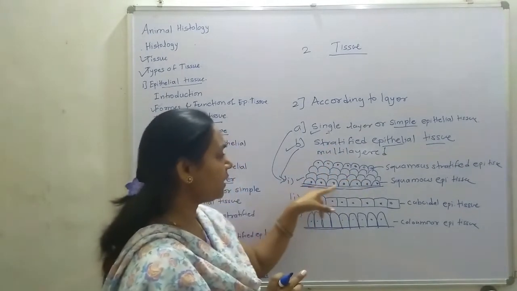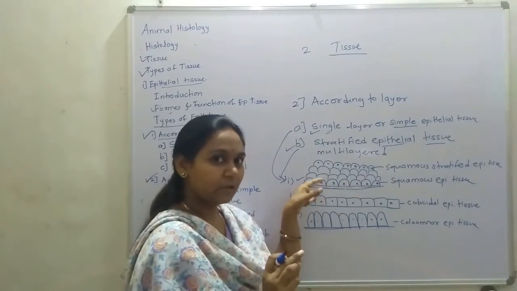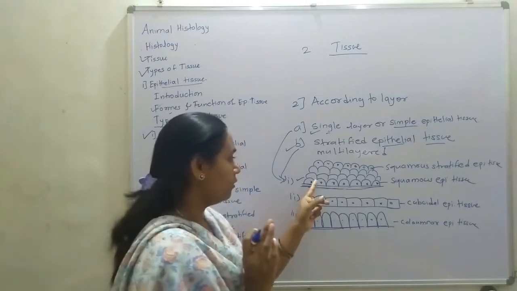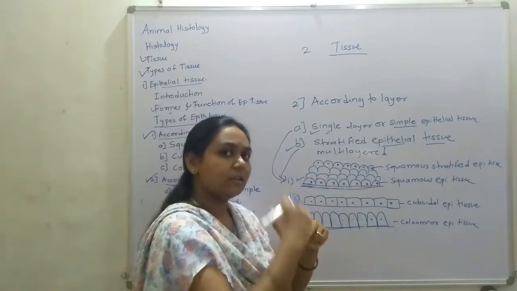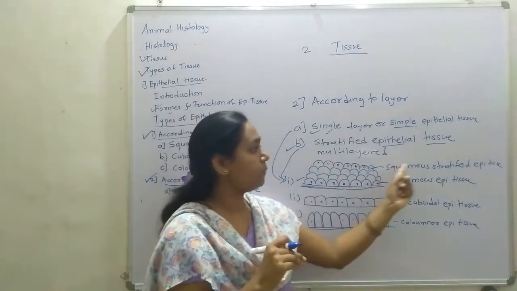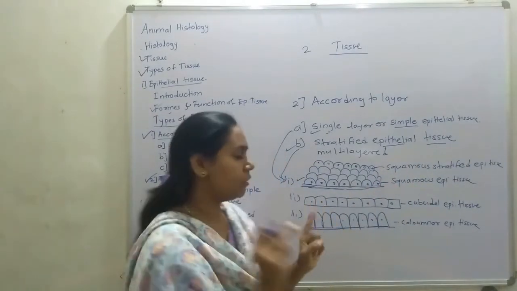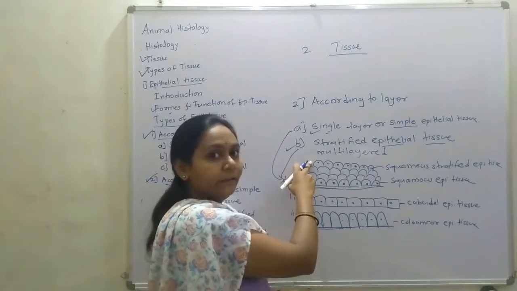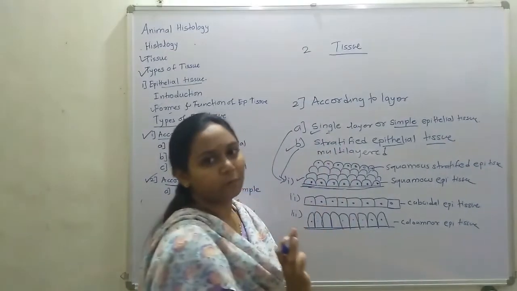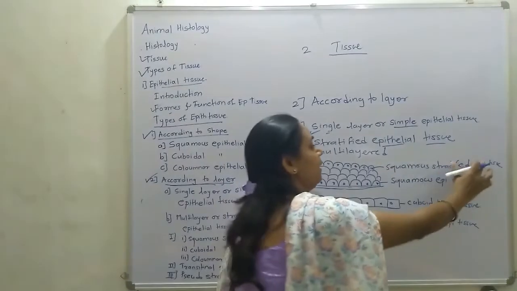The first layer is arranged on the basement membrane, but the second, third, fourth layers are not; they are arranged on the first layer. But how is it named squamous stratified epithelial tissue? Because at the last, upper layer, whichever type of cell is present gives the name. That is squamous stratified epithelial tissue.